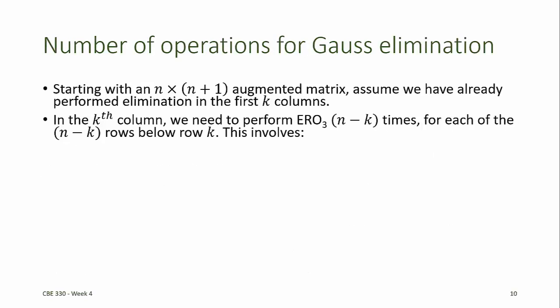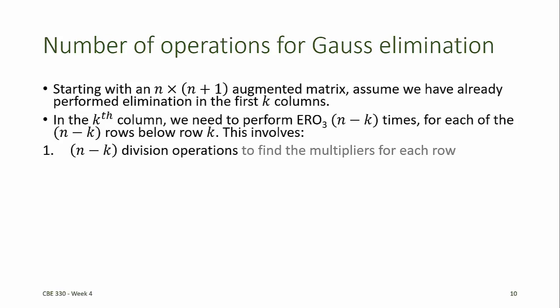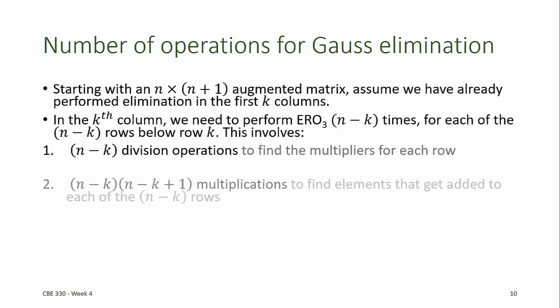As we said before, the number of operations required for Gauss elimination is prescribed by the size of the augmented matrix. For a system with n unknowns, the augmented matrix is an n by n+1 matrix. At each step k in the Gauss elimination, we require n-k division operations to find the multipliers for each row.